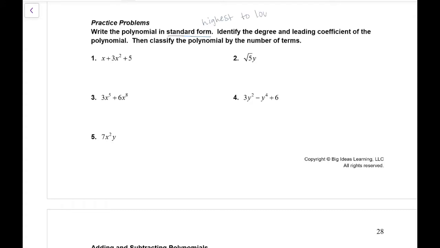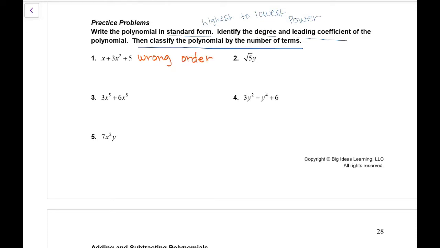Let's look at number 1. We're going to write this polynomial in standard form. We're going to identify the degree and the leading coefficient of the polynomial. Now, this number 1 is not in the right order. So when I put it in standard form, we need to have the highest power first and the lowest power last.